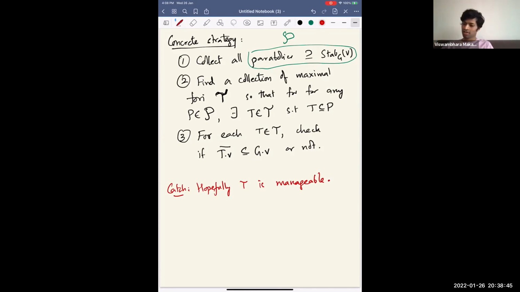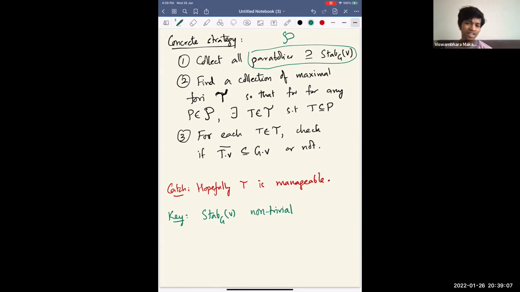So it's key that the stabilizer is non-trivial. It's not just enough for it to be non-trivial. It has to be non-trivial in a way that cuts down the number of possible parabolics. We'll see some of these cases where it does.